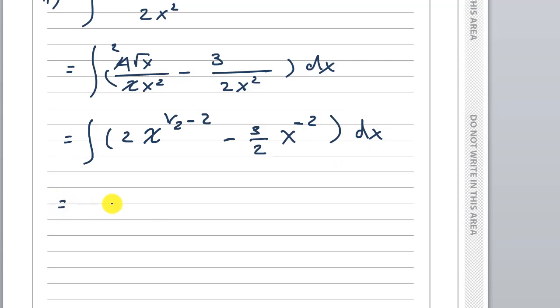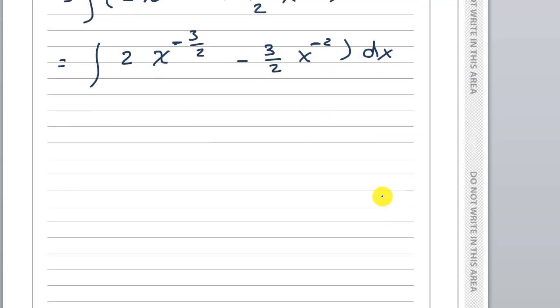So it's equal to, again, the integration of 2x to the minus 3 over 2, minus 3 over 2 x to the minus 2, dx.